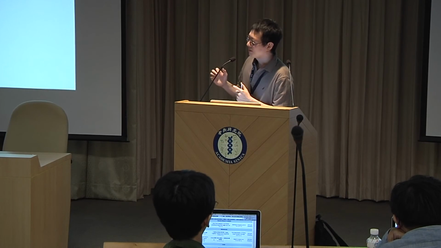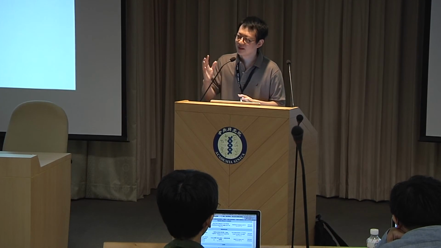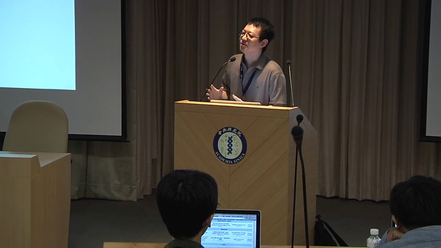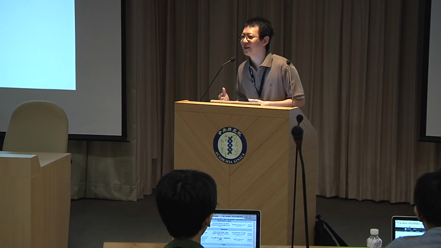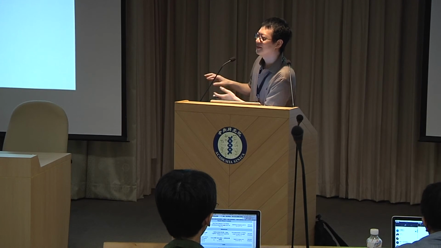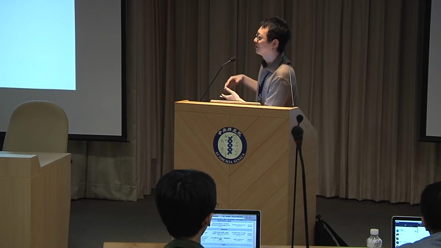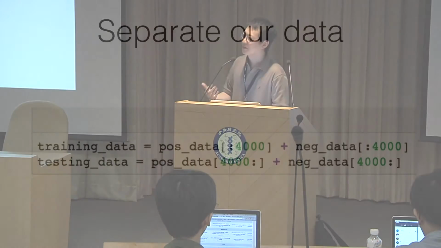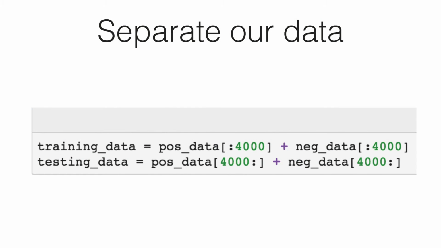And you have to separate that data into two parts. The first part is the training part, to train your model. And the remaining part is testing data. It is used to check whether your model is good or not. So we just separate it into two parts.